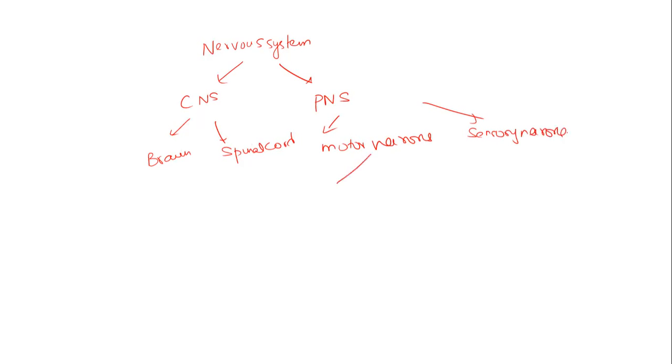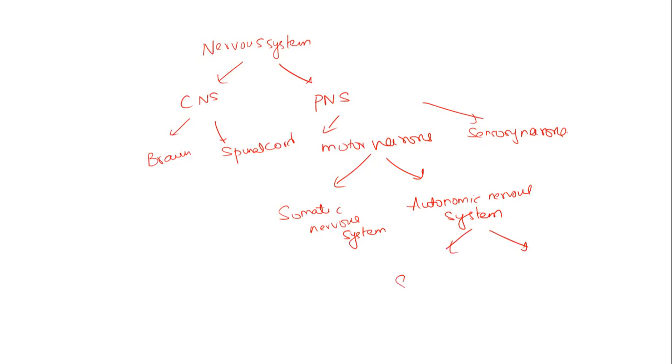Alright, and these motor neurons are further classified into somatic nervous system and autonomic nervous system. This autonomic nervous system is further classified into sympathetic division and parasympathetic division.